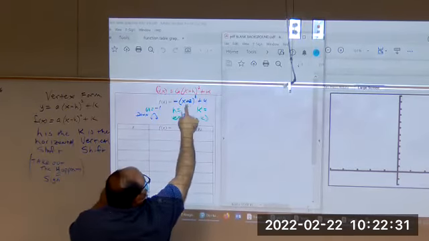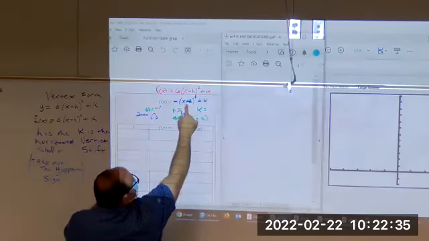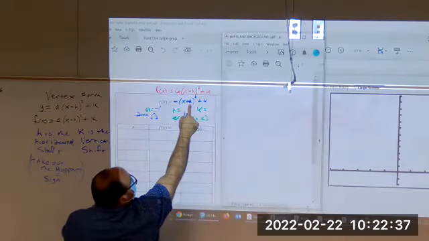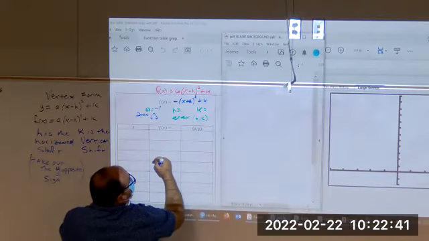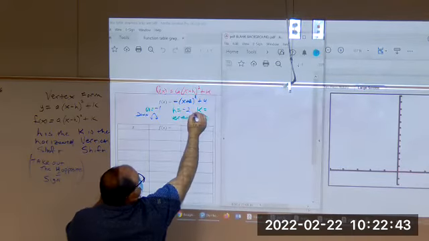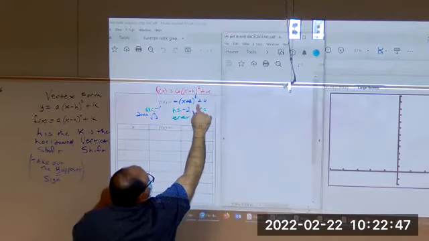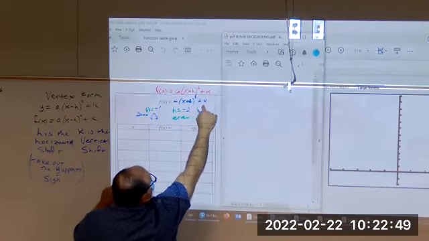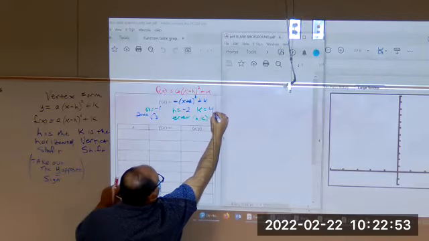Then h. Inside the parentheses, there's something in there with x, so we do have an h. Pick up the opposite sign, so h equals -2. And then plus k. Now we do have plus something after the square. So what do we add? A +4.